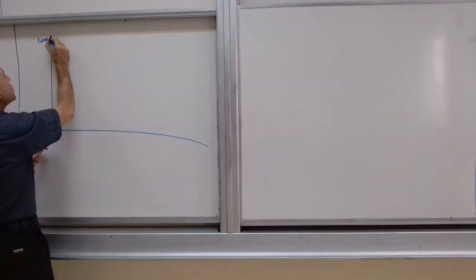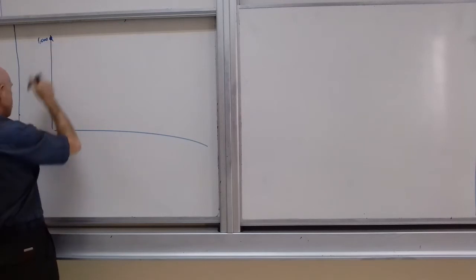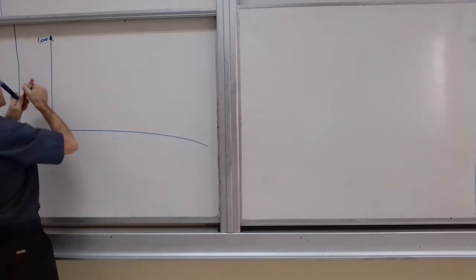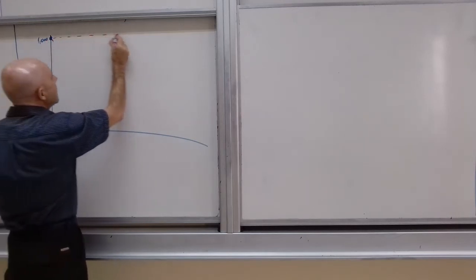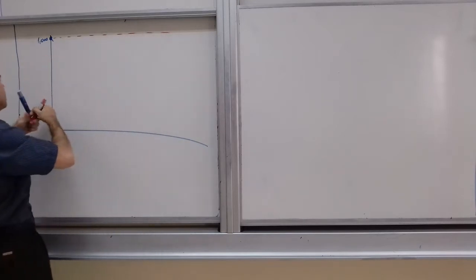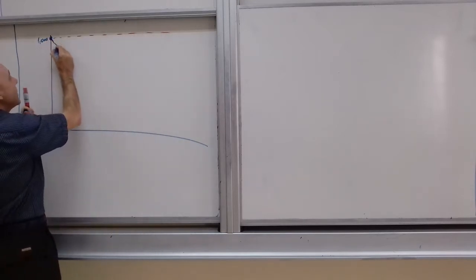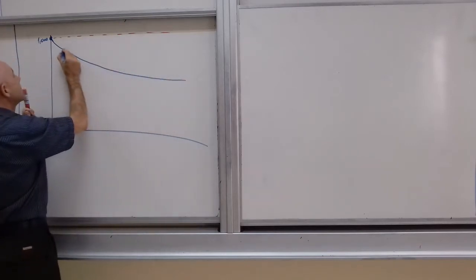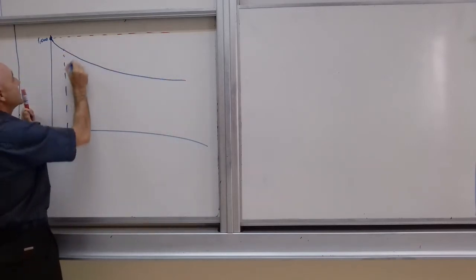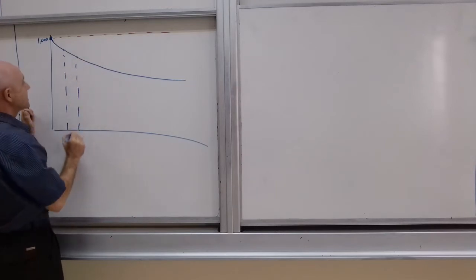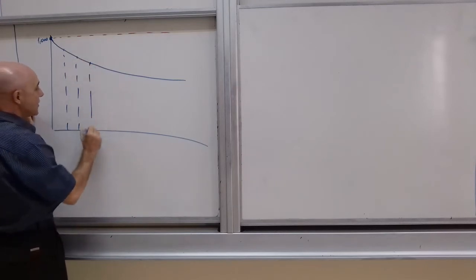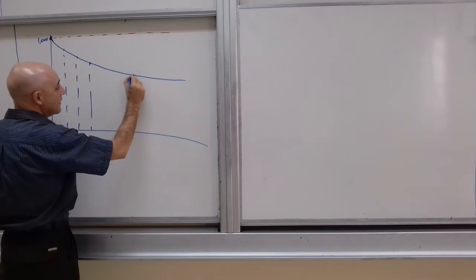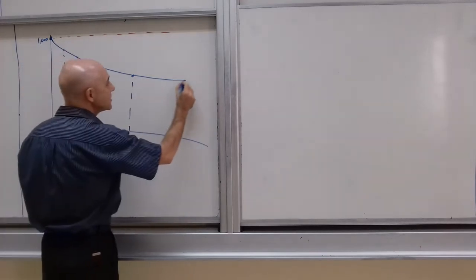So, they show you basically that if this is the asymptotic line, when you discount 1 year out, that's the present value. 2 years out, that's the present value. 3 years out, that's the present value. 5 years out, that's the present value.